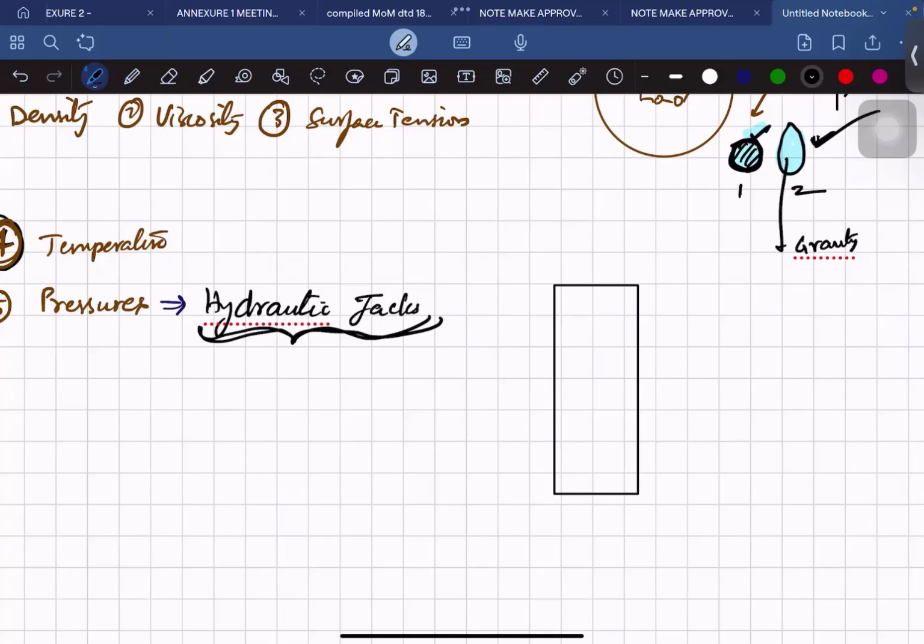So how does it work? Again there is Bernoulli's principle. The pressure should be the same at the same locations, Pascal's law. So P1 A1 is equal to P2 A2, and so on. I will tell you what that application is. Hydraulic jacks are one of the best examples for pressure.